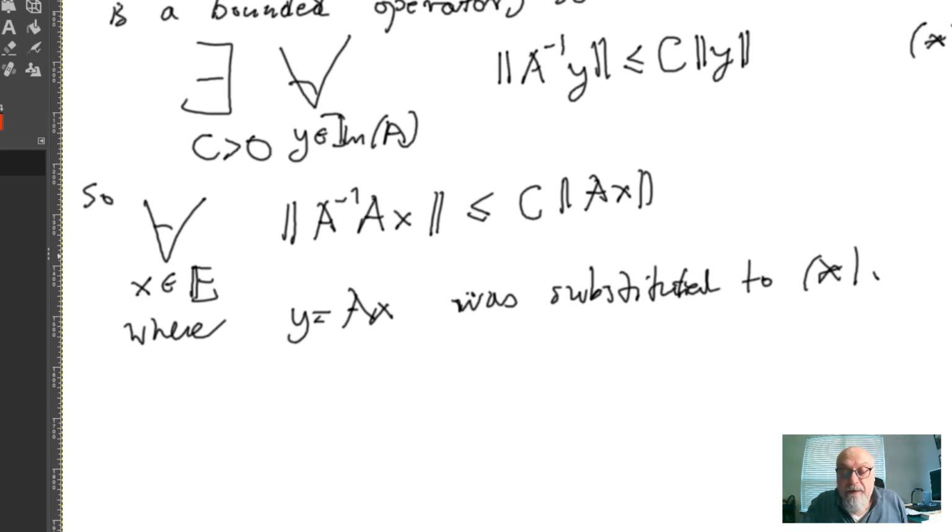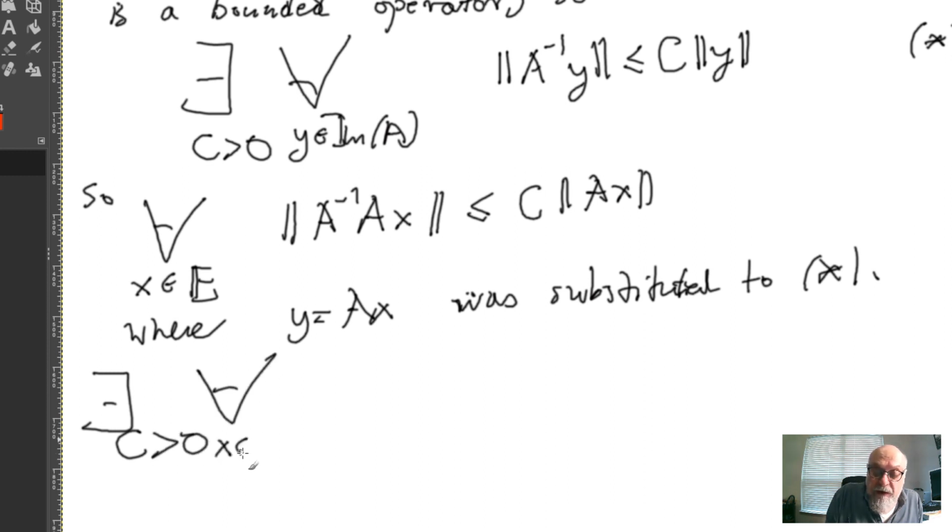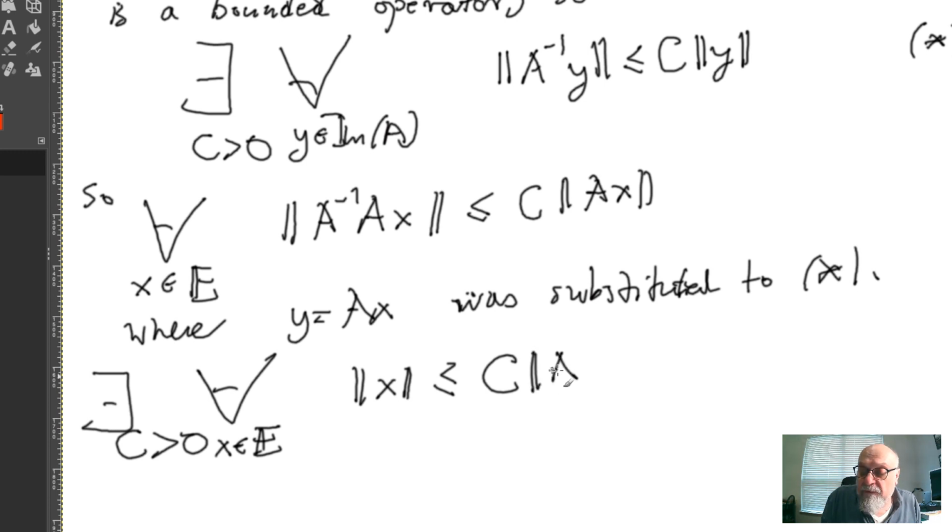Okay, and that implies exactly that there exists a constant C larger than 0, such that for every x belonging to E, the norm of x is smaller or equal than C times the norm of A of x. And we proved the first implication.